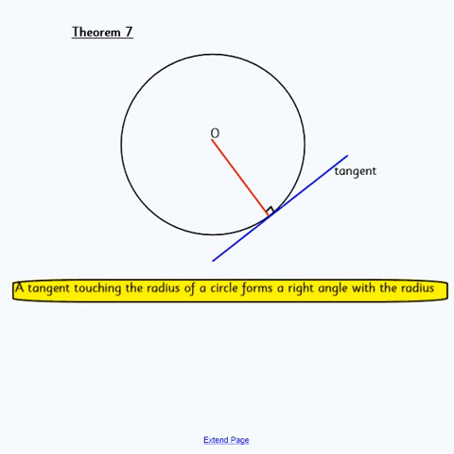Theorem 7. This is used quite a lot in the questions. A tangent touching the radius of a circle forms a right angle. This is quite popular in many questions, this one. Again, use Shift Win key S to copy it.